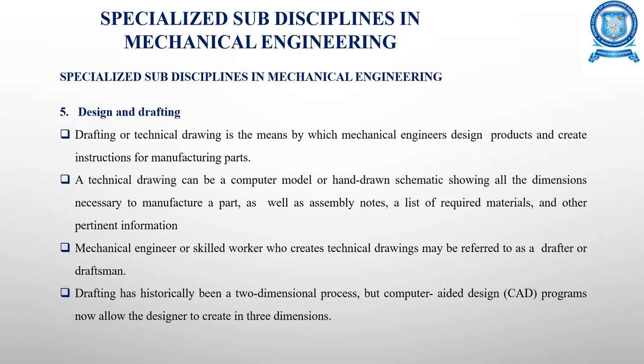So this drafting or technical drawing can be a computer model, or it may be drawn by hand, which is a schematic showing all the dimensions that are required for manufacturing of the part, as well as assembly notes, a list of required materials, and other pertinent information. So the mechanical engineer or a skilled worker who creates a technical drawing may be referred to as a drafter or a draftsman.